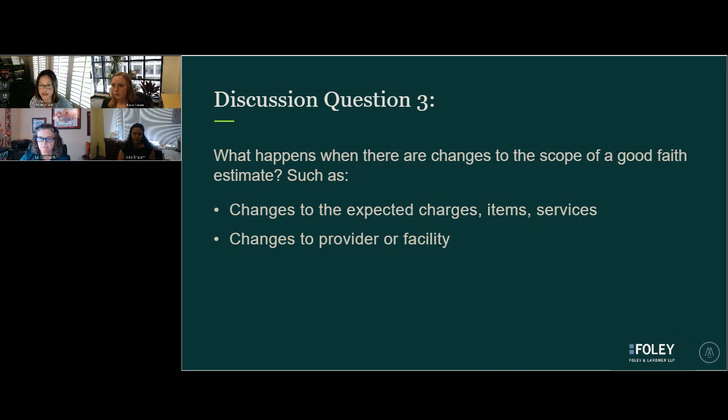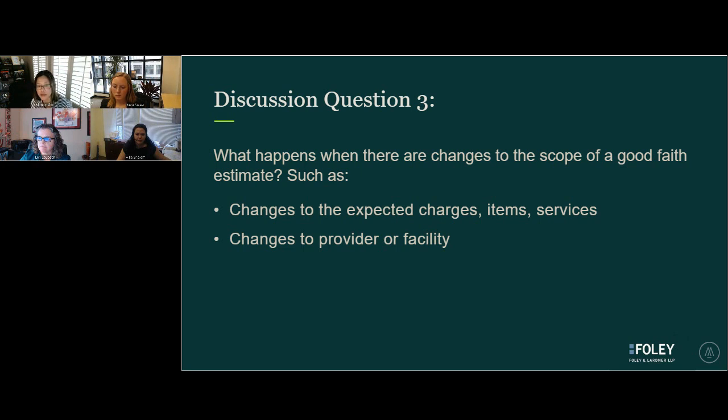If it's more than 1 business day notice, the new provider, the new co-provider, or the new facility must provide a new estimate to the patient within 1 business day. So that probably is the only difference: you accept it as it is, or you provide a new good faith estimate.